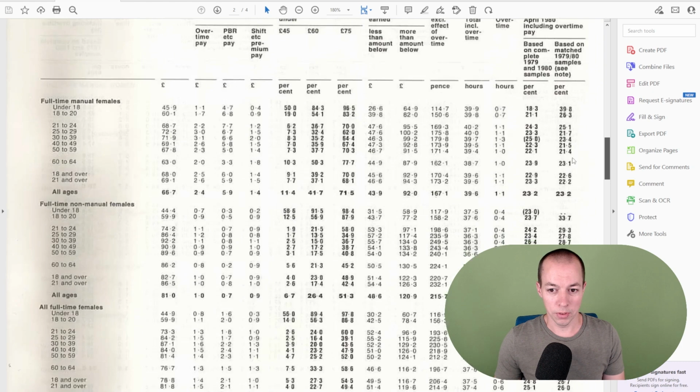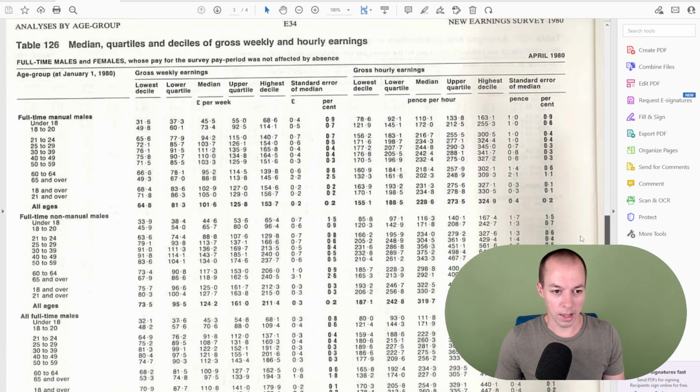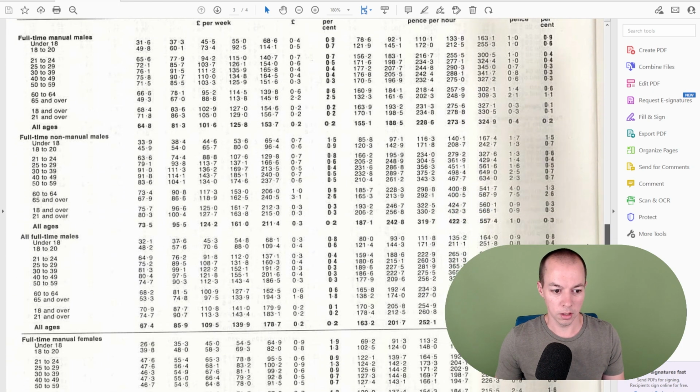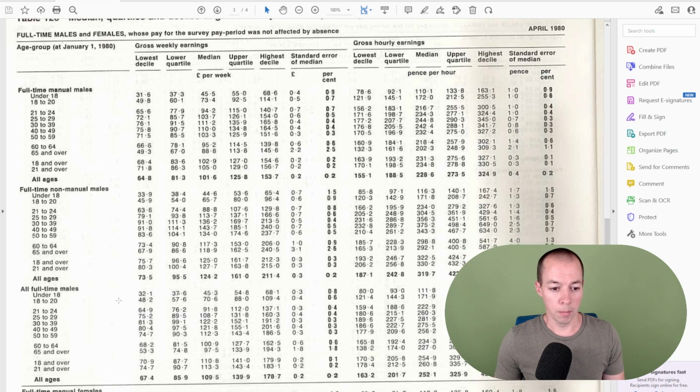The most accurate figure I could find is on this page here. So I'm going to take all full-time males because back then, generally, the male was the main income for the household. And obviously things have changed now, and this isn't about male versus female. I'm just trying to give you the best data I can for this comparison.